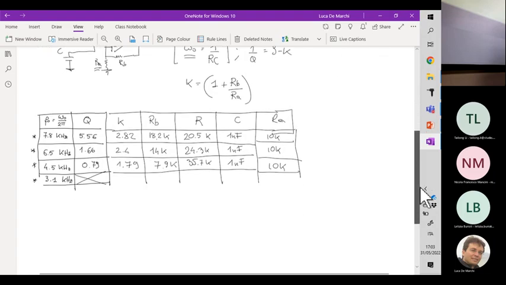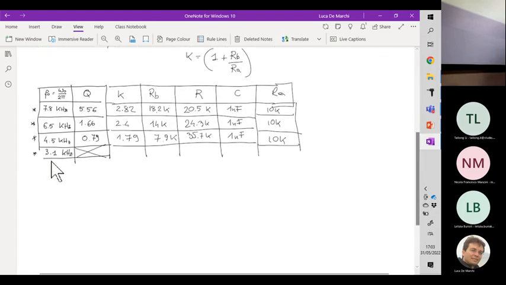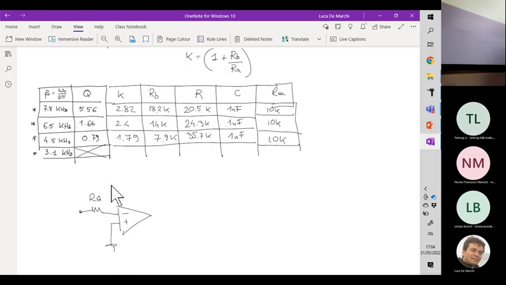In the last implementation, the one related to the first order filter, what you need is to use this topology. So R1 connected to the negative input of an op-amp, and then R2 and the capacitance. This is one of the first topologies that we have seen in this chapter, related to filters.